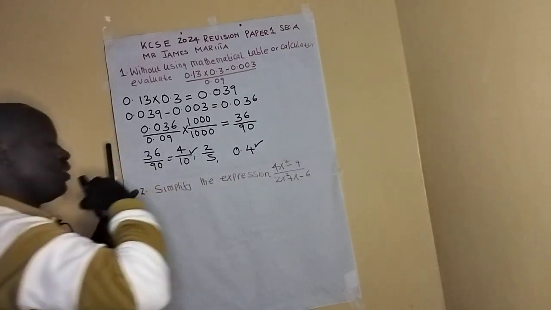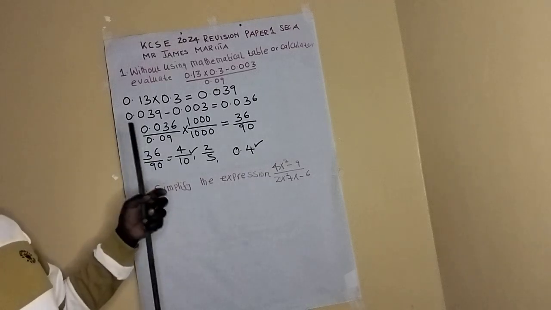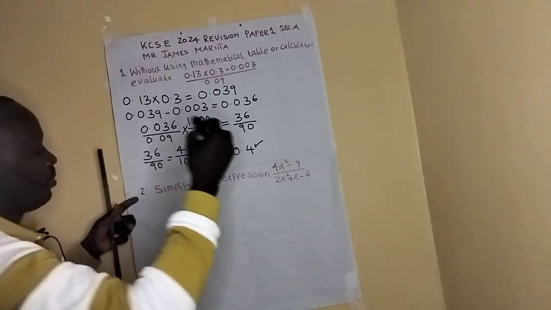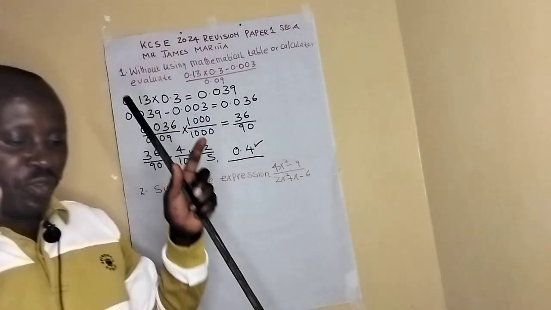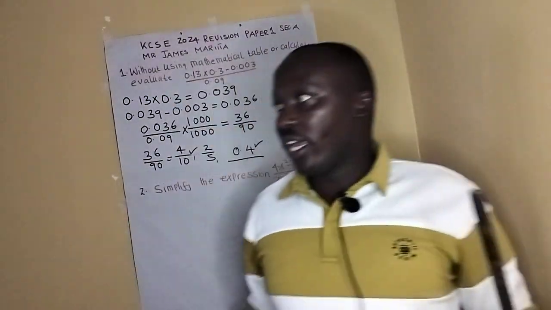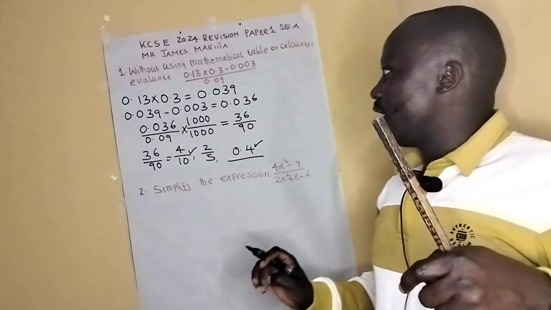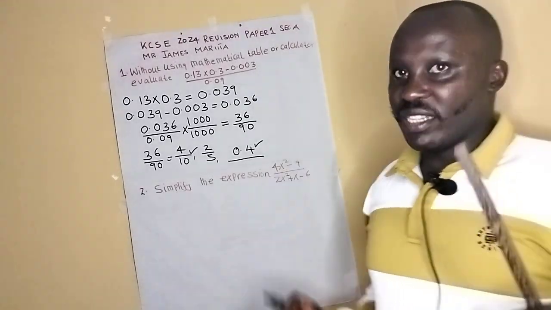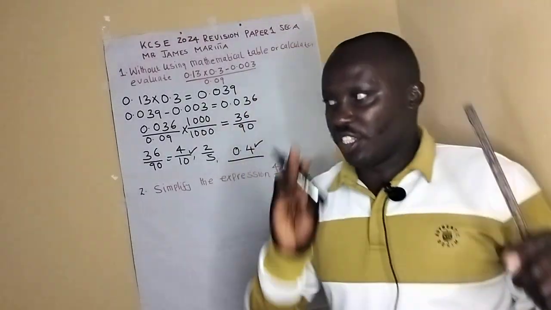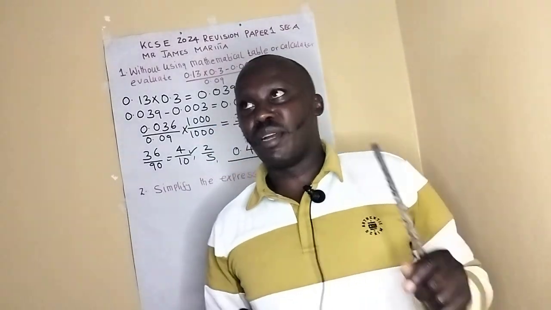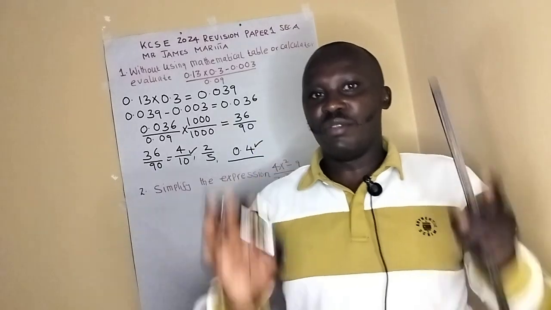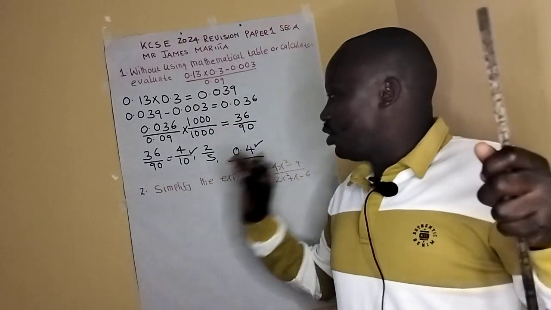The condition is we are dealing with decimals, so the best answer is 0.4. You apply the operation on numbers. There are 4: addition, subtraction, multiplication, and of course division of numbers.